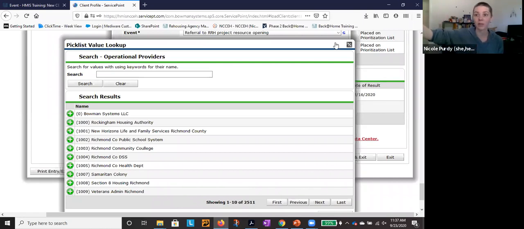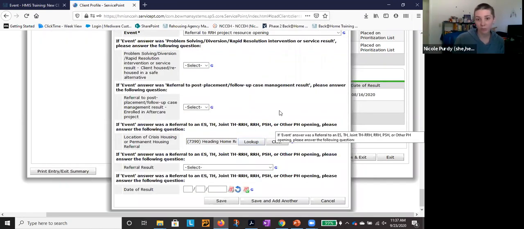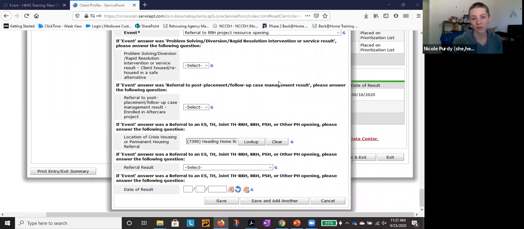Because you might be referring outside your community. That's okay. There's just a lot of those extra provider pages in there that we want to clean up to make it a little bit easier for you to sort through on the front end. So that's why we are sending that out. Now you can see what it looks like on the front end and why we would like to clean it up a little bit for you. So we're still working on that. We've just got the list back recently, so we are working on that. So it'll be less than 2,000 here at some point. Yes, use your search features there.